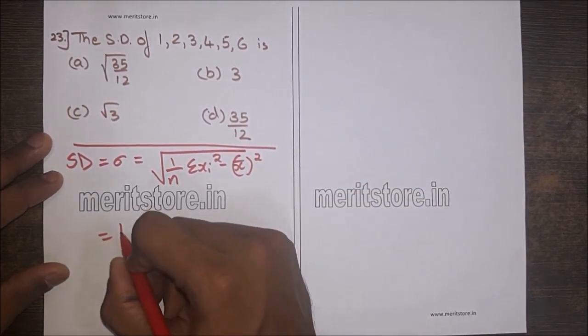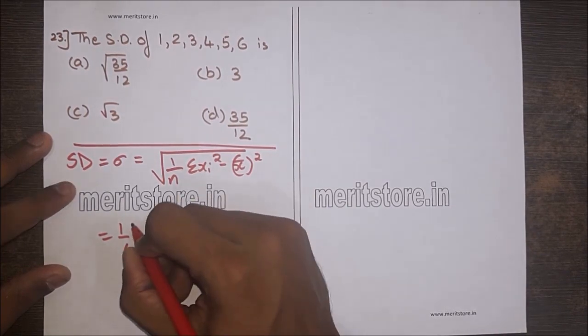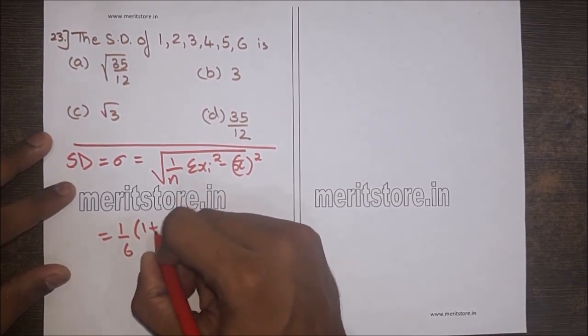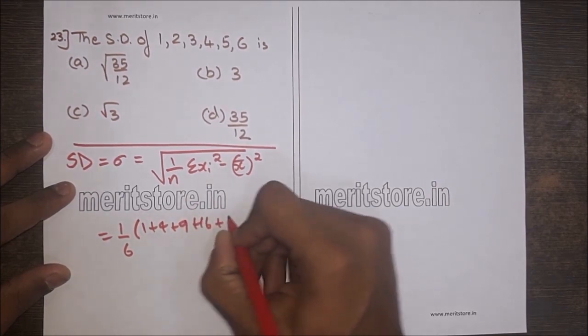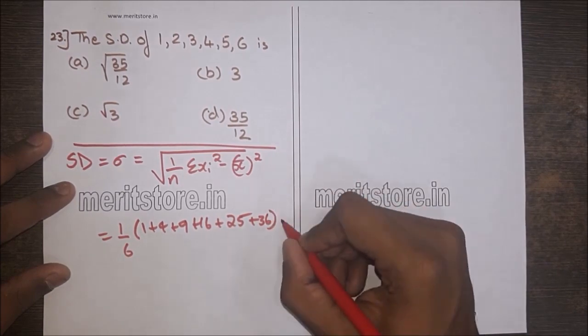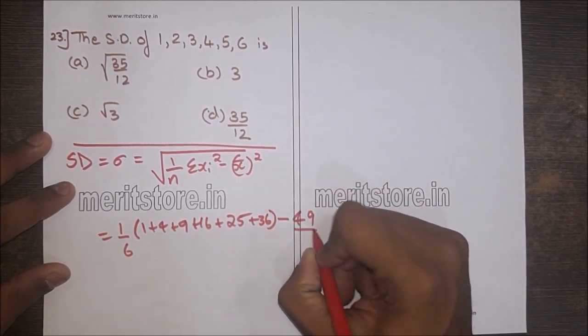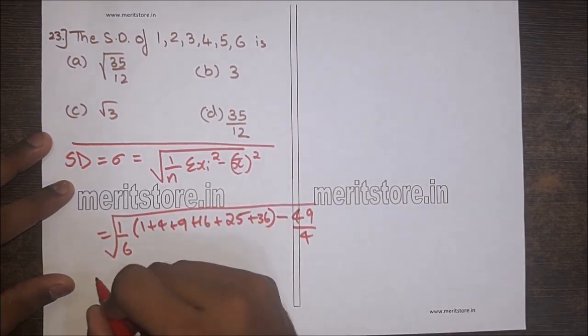Substituting the values, we get 1 by 6 into 1 plus 4 plus 9 plus 16 plus 25 plus 36 minus 49 by 4, the whole root.